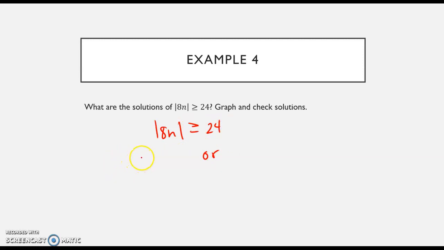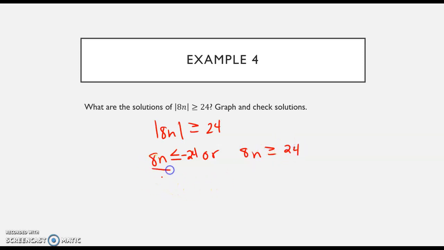So I'm going to rewrite this. The first thing I would do is make sure my absolute value has nothing on the outside. I don't have a plus or minus anything on the outside, and I don't have a coefficient. So from here, I'm just going to have 8n is, now for my negative, I'm going to flip it, less than or equal to negative 24, or 8n is greater than or equal to 24.